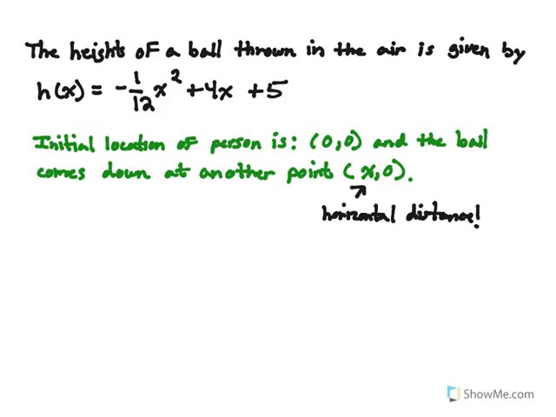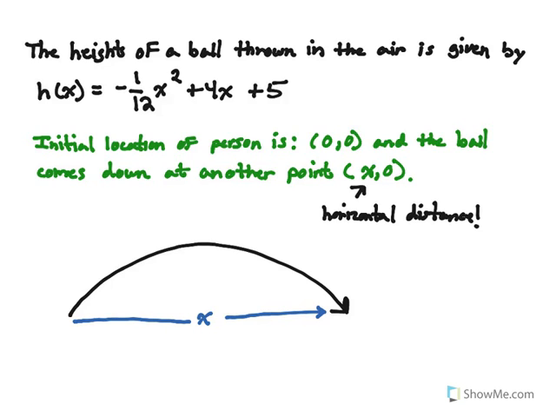All right. And when you think of that, think of it like this, you have this parabolic motion. It looks like that, right? And then along the surface, you have the horizontal distance, okay? And we want to know what that is, okay? So that's what we're going to calculate.